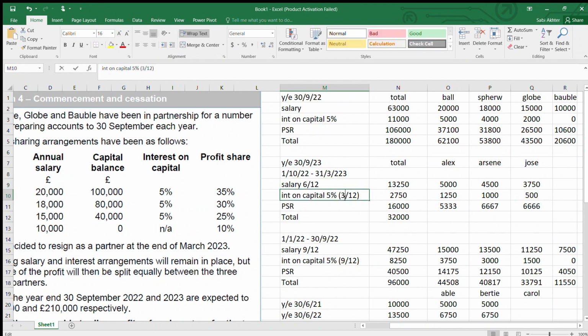Even here you have to take 6 months of all that you have given here, 6 months of 20, 18, and like that. So it will be basically half. Half of 63 is 31,500. Then 10,000, 9,000, 7,500, 5,000.